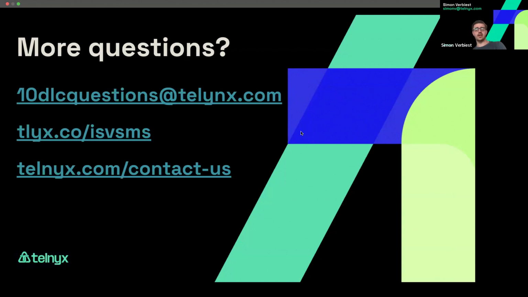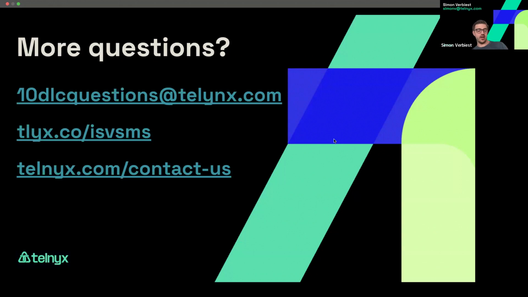So where can we see the breakdown? Go have a look at the guide, and you're also welcome to email in comments or feedback if you think we should have something else in the guide. It looks like we've hit time, and I don't have any other questions. So again, if you have more questions, email 10dlcquestions@telnyx.com.